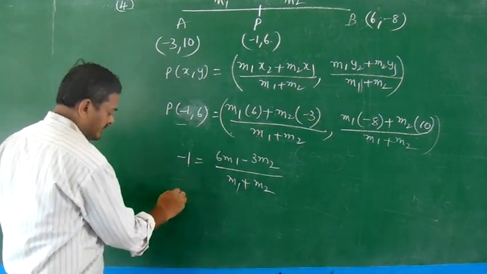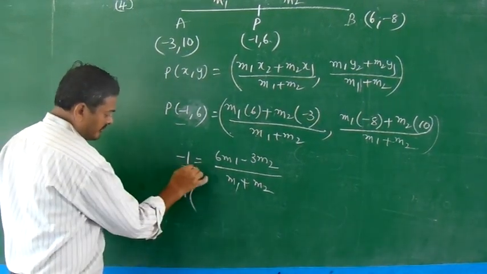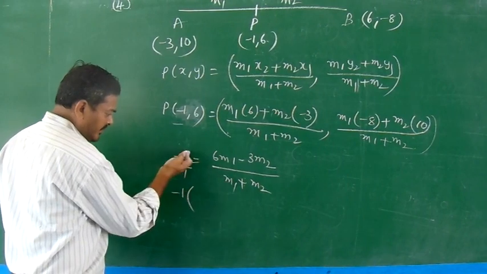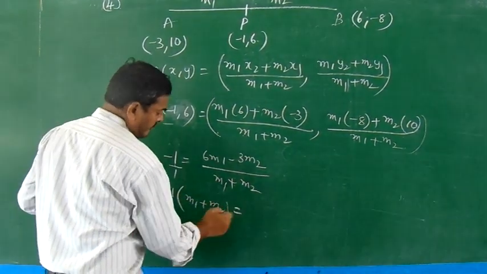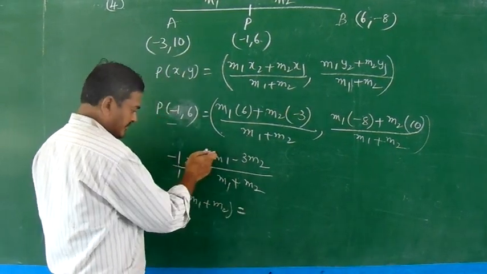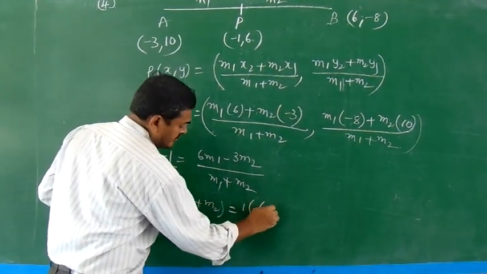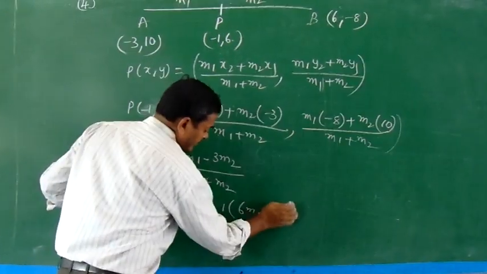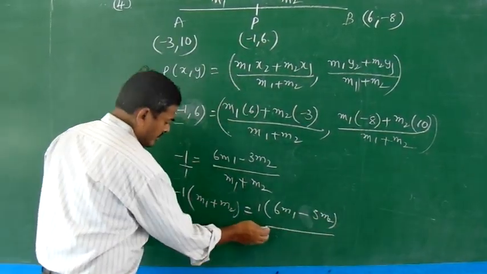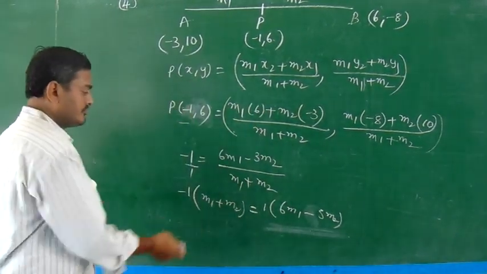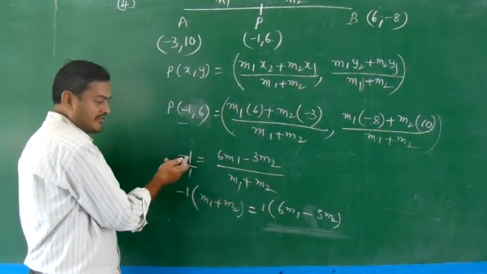Now cross multiply. Minus 1 means minus 1 by 1. Minus 1 into m1 plus m2 equals 1 into 6m1 minus 3m2.